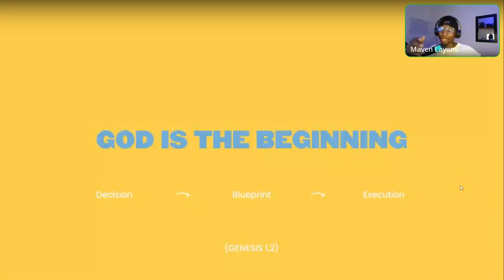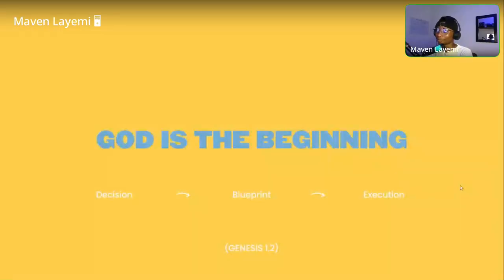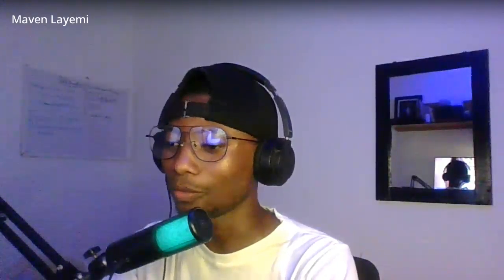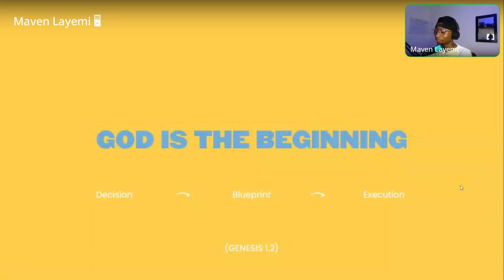So let's take God as our prototype this night. It says God is the beginning, and he existed even before the beginning. If we take a look at life, I'm going to be making reference to the Bible.